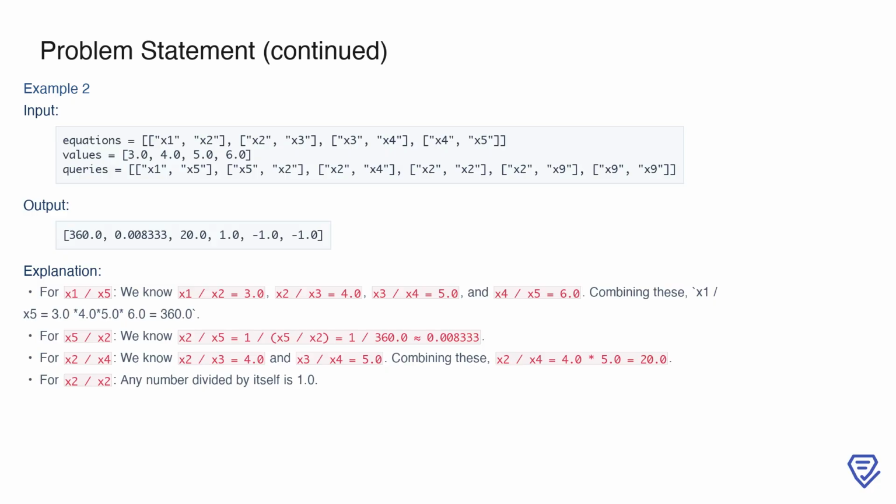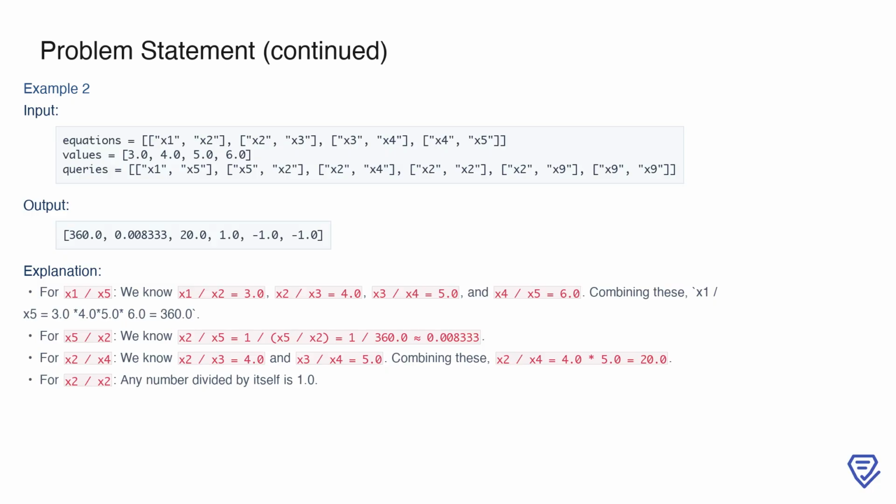Let's look at another example. Here, the equations are [x1, x2], [x2, x3], [x3, x4], [x4, x5], with values 3.0, 4.0, 5.0, 6.0, and the queries are [x1, x5], [x5, x2], [x2, x4], [x2, x2], [x2, x9], [x9, x9].